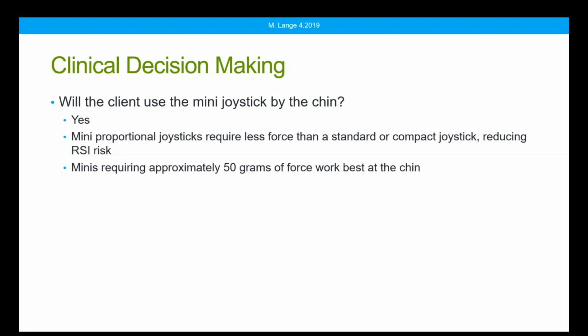When someone's driving with a joystick by their chin, there's a lot of movement at either the jaw or the cervical area of the neck, and it might be a combination of those two. That repetition can quickly lead to repetitive stress injuries. Now, if someone's using a joystick by their chin, we cannot reduce that repetition unless we change their driving method, but we can reduce the force, and that can reduce the risk of injury.